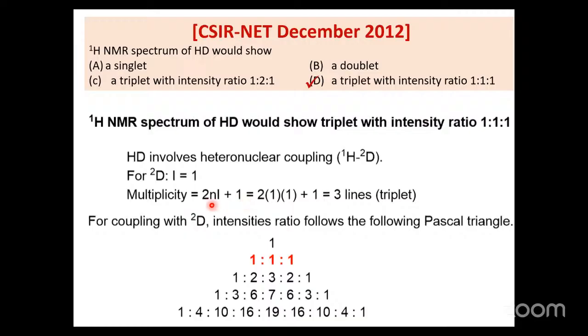Now n is single because we have a single deuterium, so n is equal to 1. Filling in this equation, you will get 3 lines. Now deuterium has spin 1 and hydrogen is 1/2, so use this triangle and you will get the intensity 1:1:1. So the last option, option D, a triplet with intensity ratio 1:1:1, is correct.